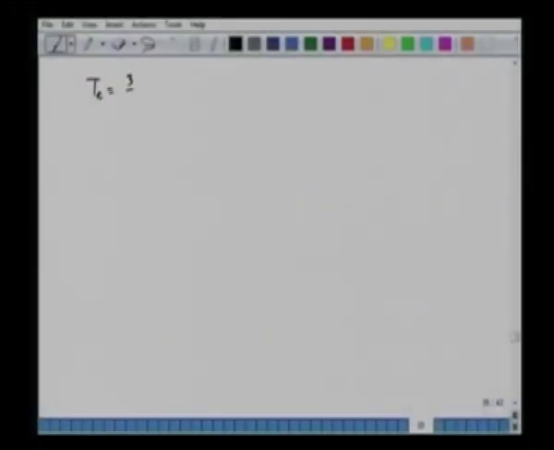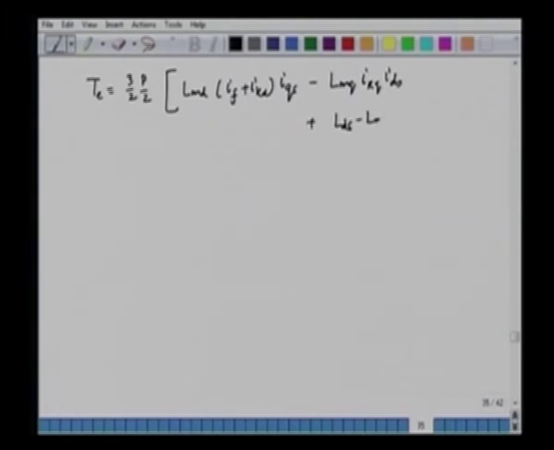Te is equal to 3 by 2 into p by 2 into LMD into (IF plus IKD) into IQS minus LMQ IKQ into IDS plus (LDS minus LQS) into IDS into IQS.